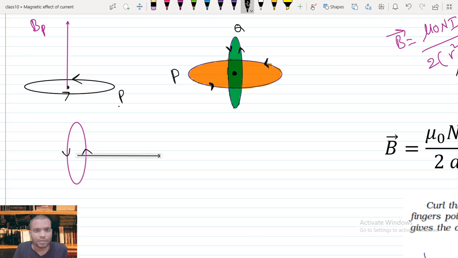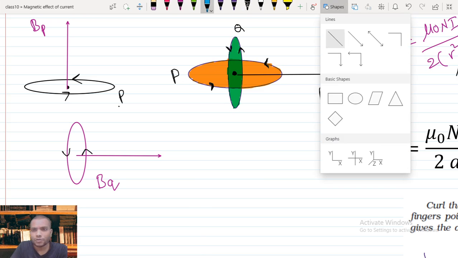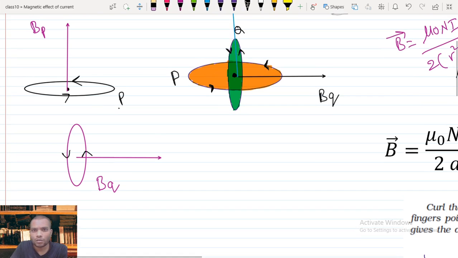Now if I combine these two and draw them separately, this is the magnetic field due to the Q loop, along this direction, and the magnetic field due to the P loop is along this direction.